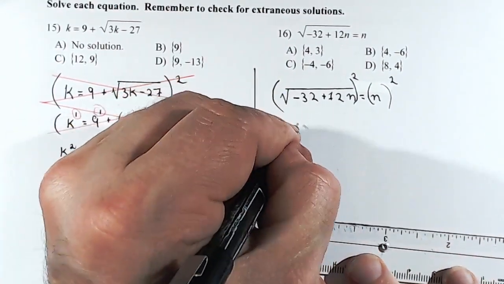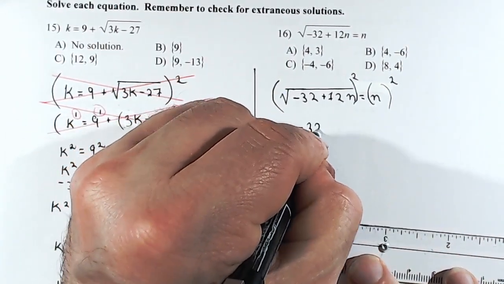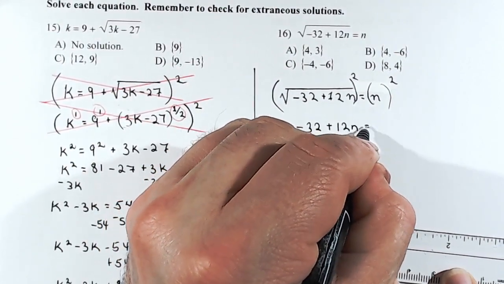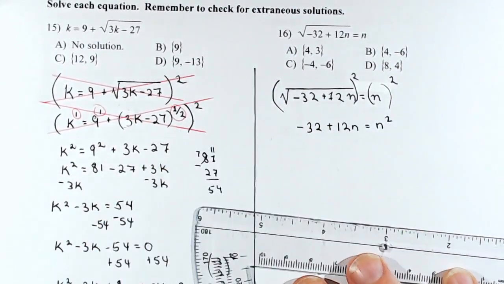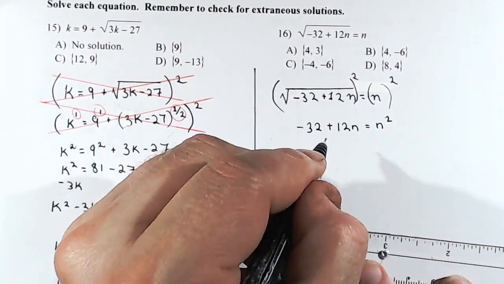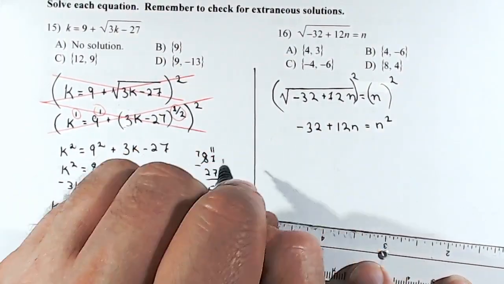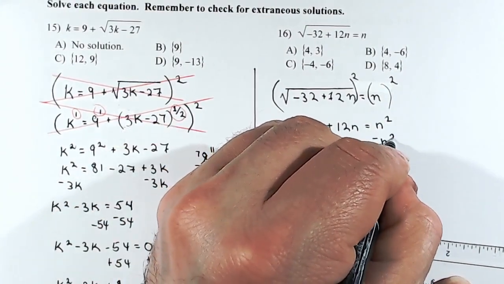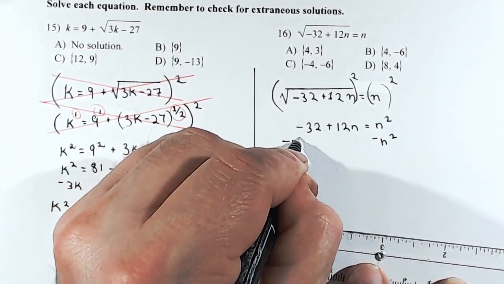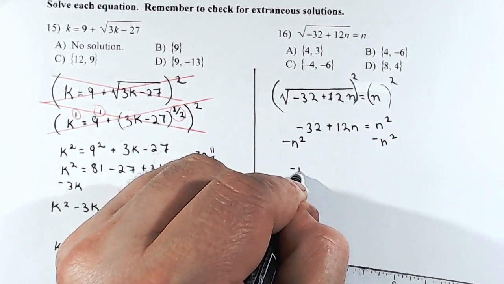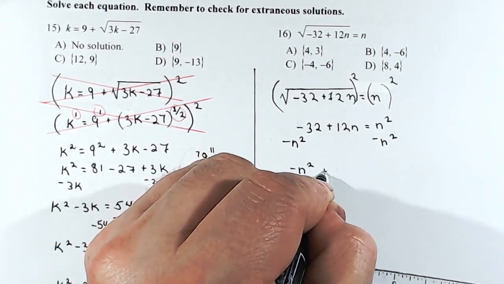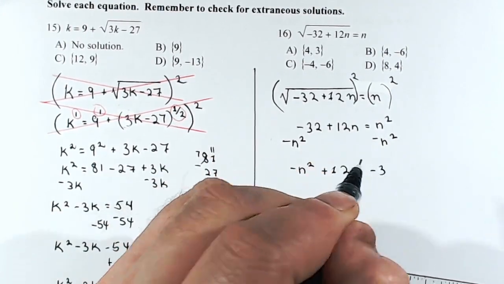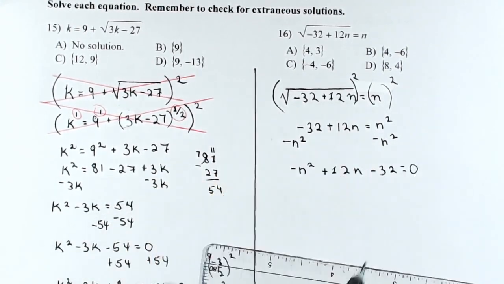So on the left side, it's negative 32 plus 12n equals n squared. Okay? And now I'll reorganize this so it looks like a quadratic equation. Let me start by doing minus n squared on both sides. So now I have negative n squared. Let me reorder: plus 12n minus 32 equals 0.